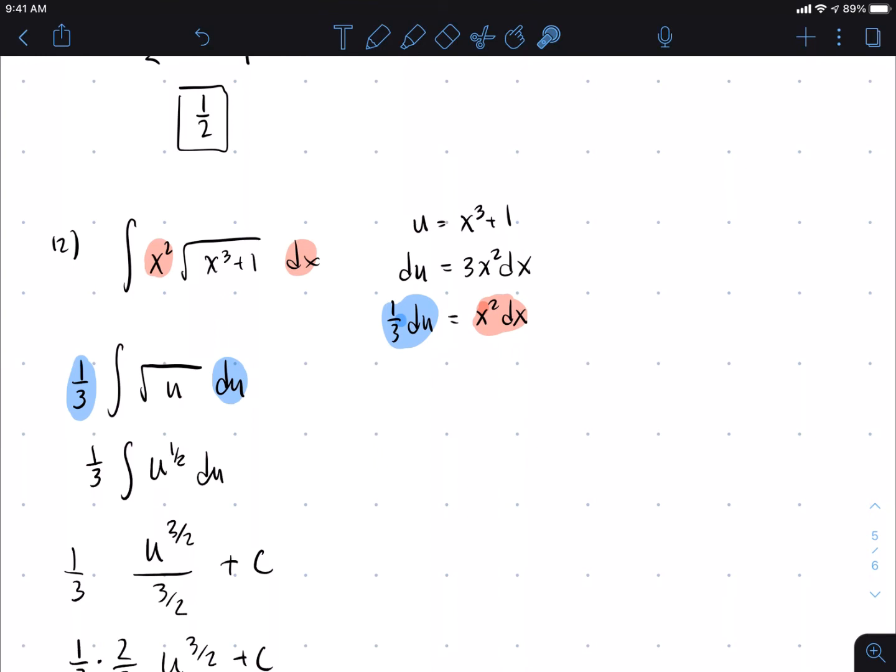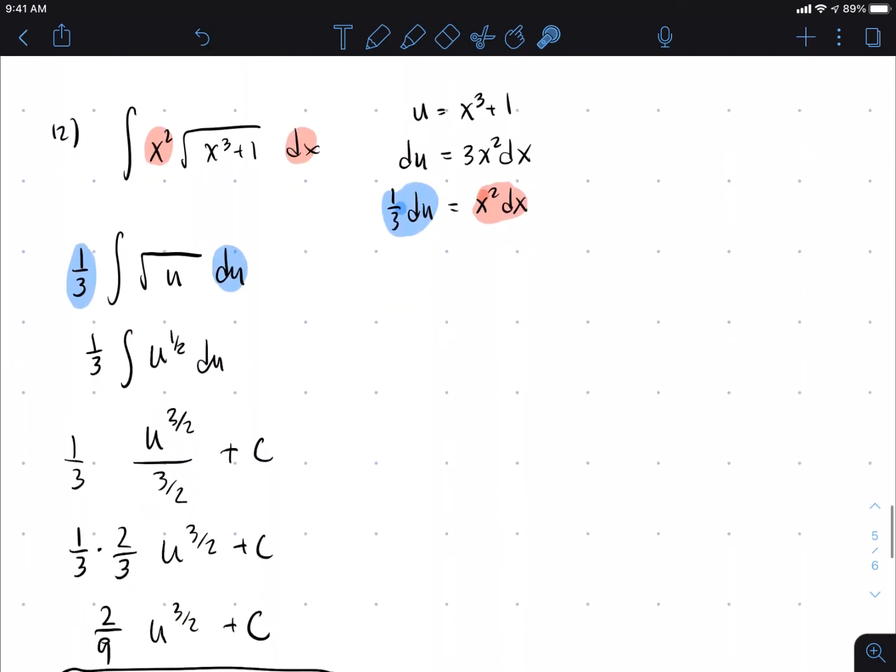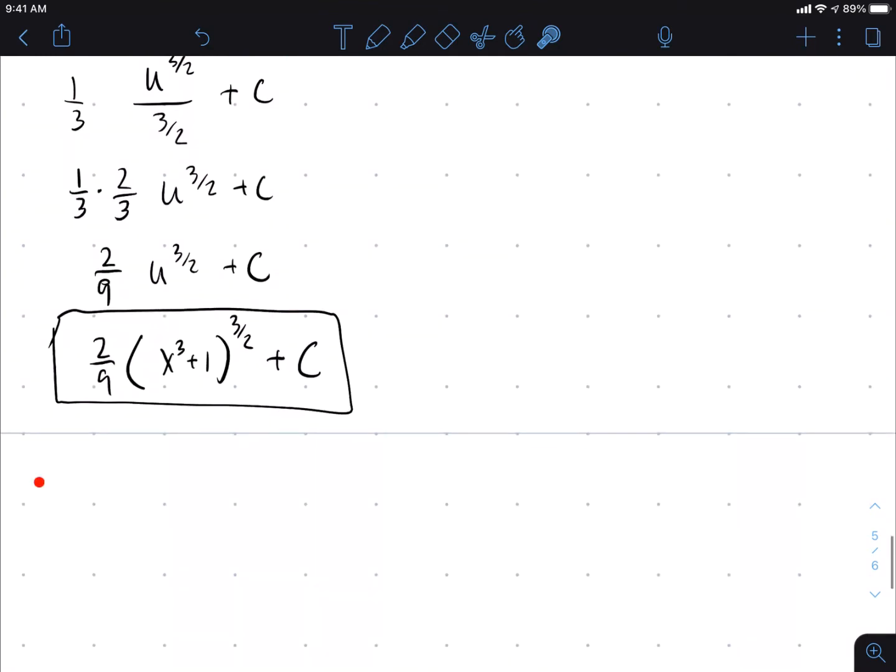Ready for me to do another one? Yes. Okay. Integral of 1 minus 2x to the 9th dx. Now, we could do this problem the long way and go 1 minus 2x times 1 minus 2x times 1 minus 2x, this long thing, right?